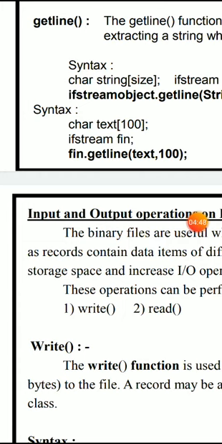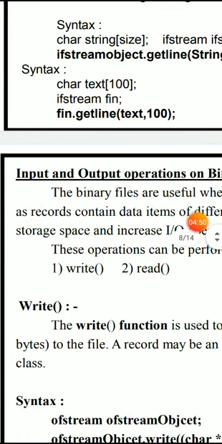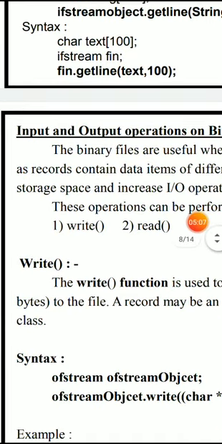Among those 100 characters, one character will be reserved for null. Next, ifstream fin. Fin is an input object and the getLine function is used to read one line of text at a time, containing a maximum of 99 characters. I hope this is clear.